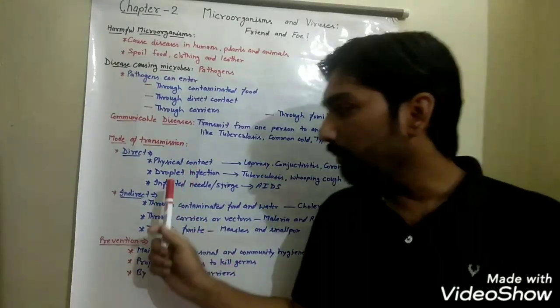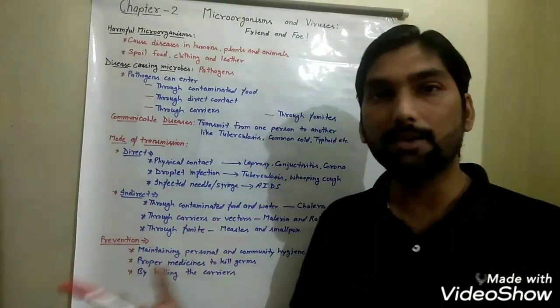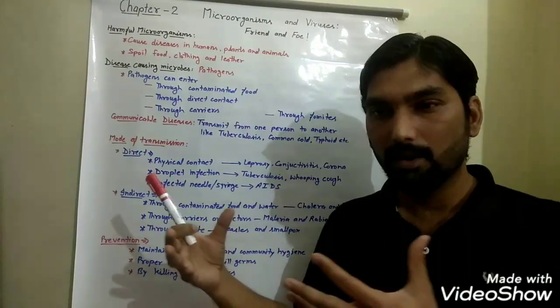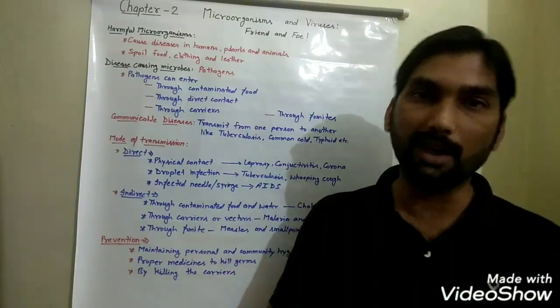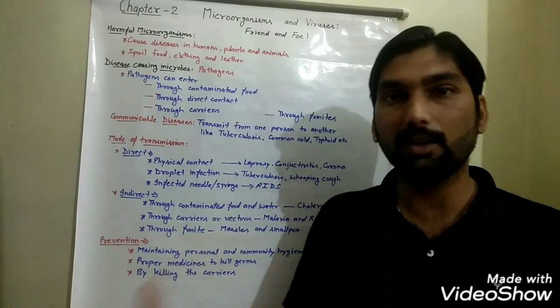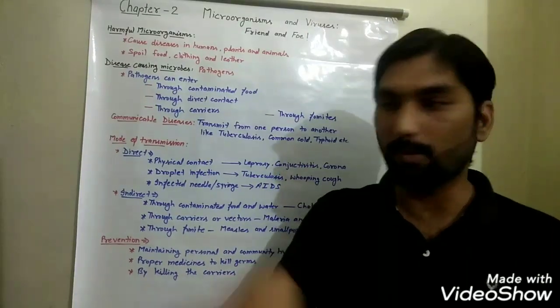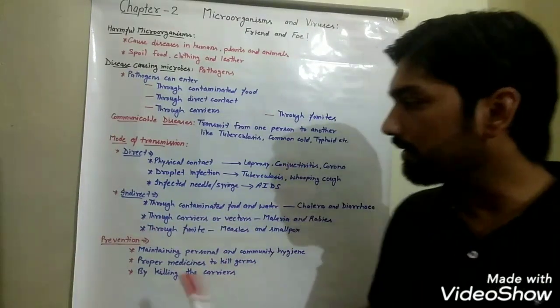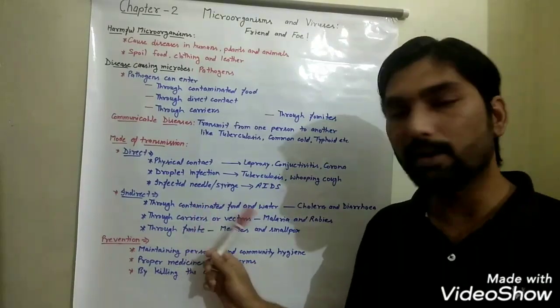So microbes can indirectly transmit from an infected person to a healthy person, or directly to a healthy person from the environment or surroundings, just because of contaminated food and water.